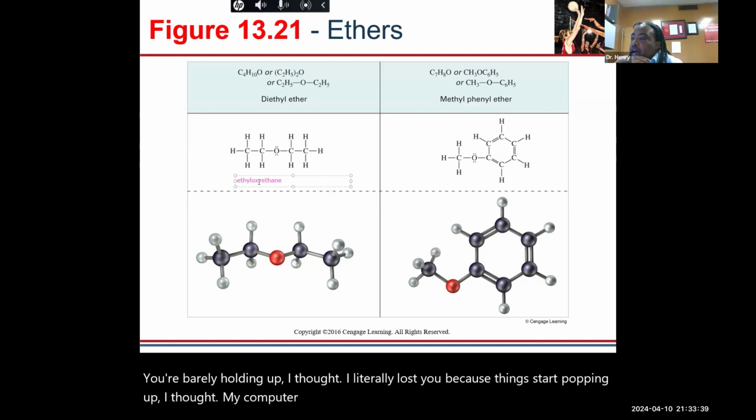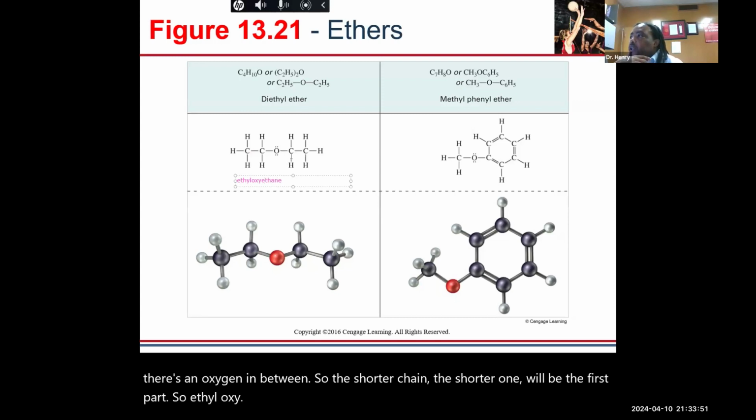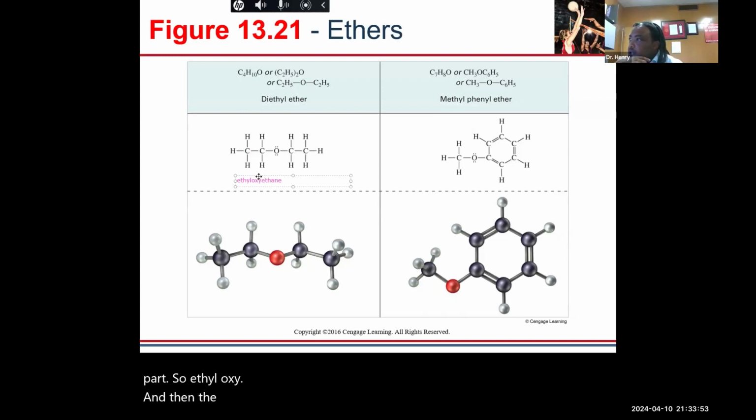So we put an oxy to let us know that there's an oxygen in between. So the shorter chain will be the first part. So ethyl oxy, and then the longer one would be the ane on the other side. Okay.